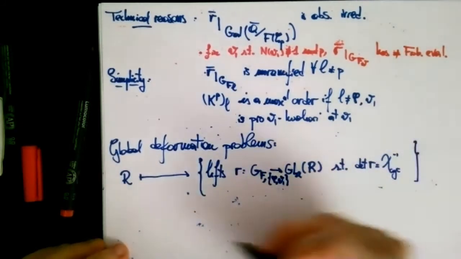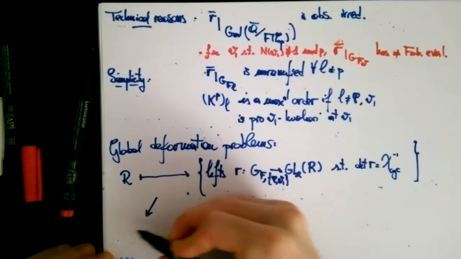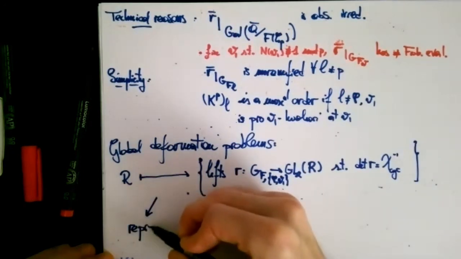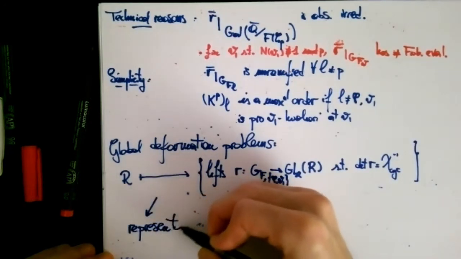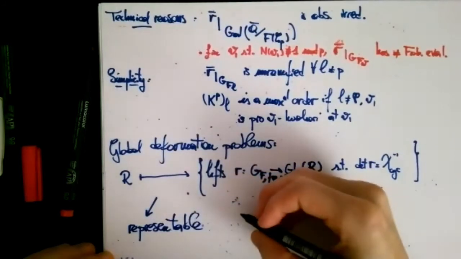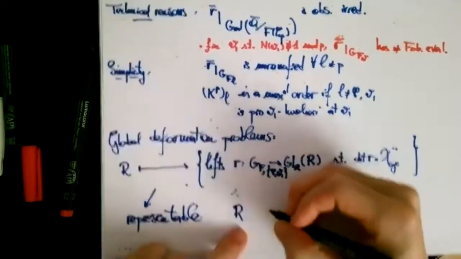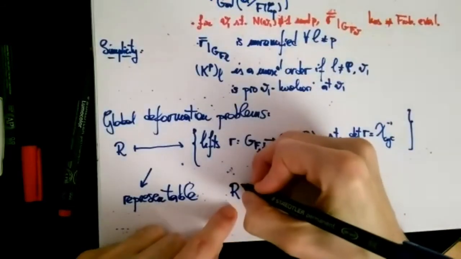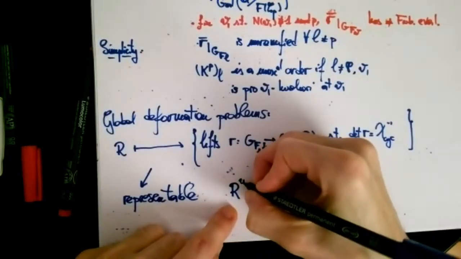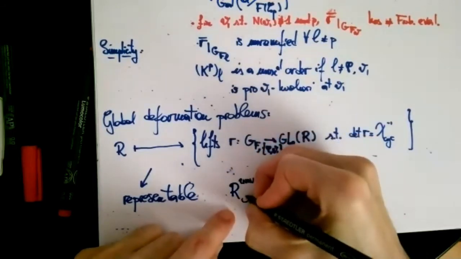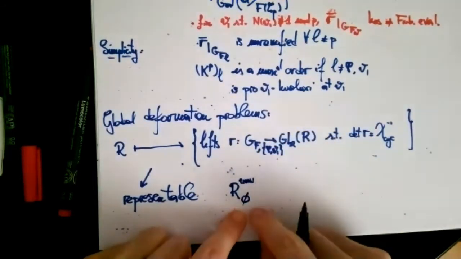So what happens is that this functor is representable by a complete local Noetherian O-algebra, which I call R universal. I just give it a name.